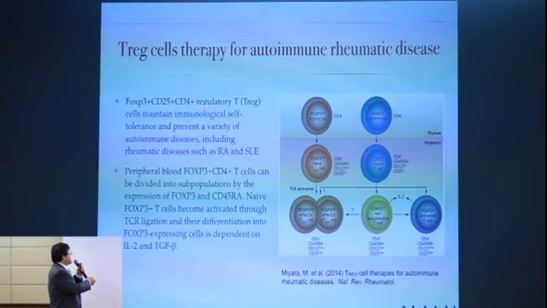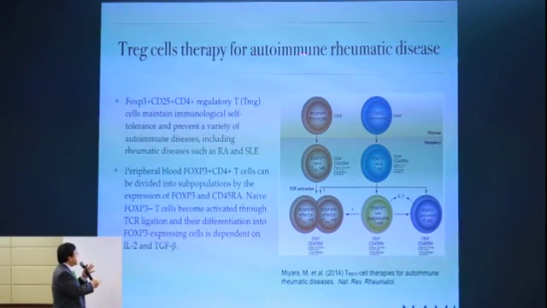We can divide Treg cells into two groups. One is named natural regulatory T cells, which are educated in the thymus. The other is named induced regulatory T cells. So many experts use Treg cells to suppress autoimmune rheumatoid disease.